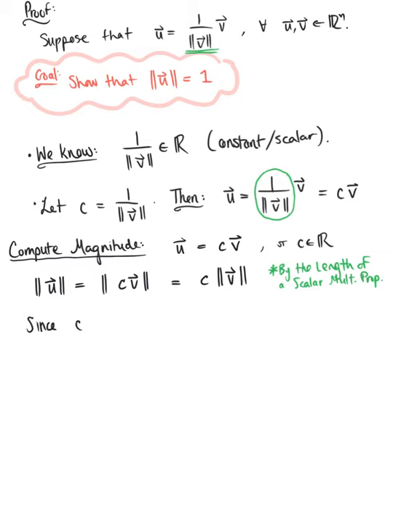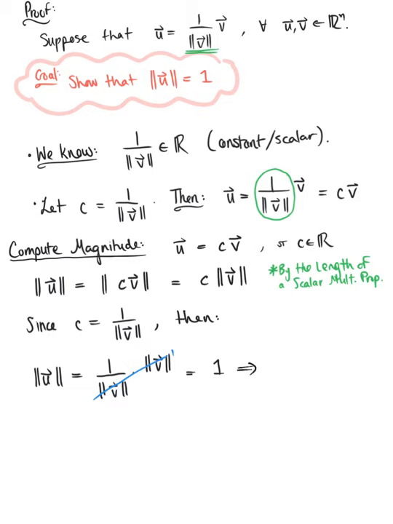Well, since we let c be 1 by the magnitude of vector v, we can say now that the magnitude of vector u is equal to 1 by the magnitude of vector v, for c, multiplied by the magnitude of vector v. And would you look at this? The magnitudes cancel each other out to 1. Woohoo! And we're left with 1, which is exactly what we wanted. Since the magnitude or the length of vector u is 1, this implies that vector u is a unit vector.